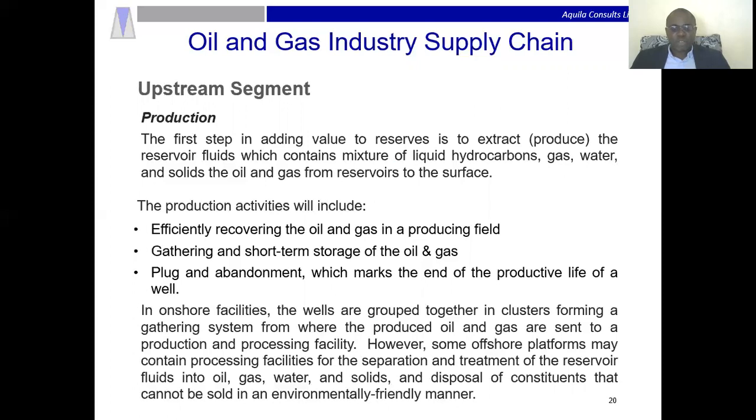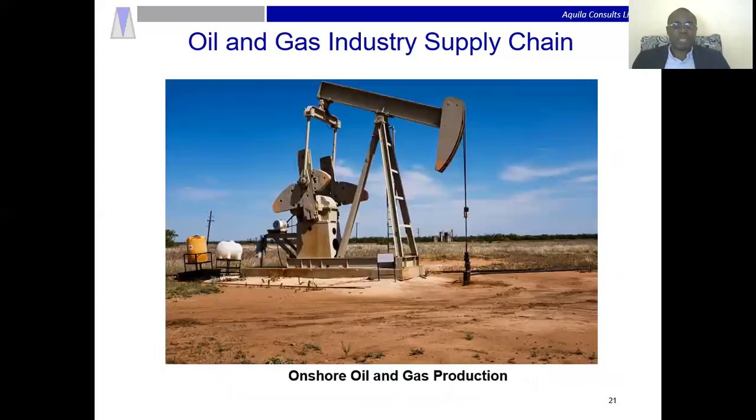But offshore, you normally have at least a basic processing facility right there on the platform, because sometimes there may be no pipeline facility around to take the oil to a processing facility. So most times you do some basic processing on the offshore platform itself and dispose of the unwanted constituents in an environmentally friendly manner.